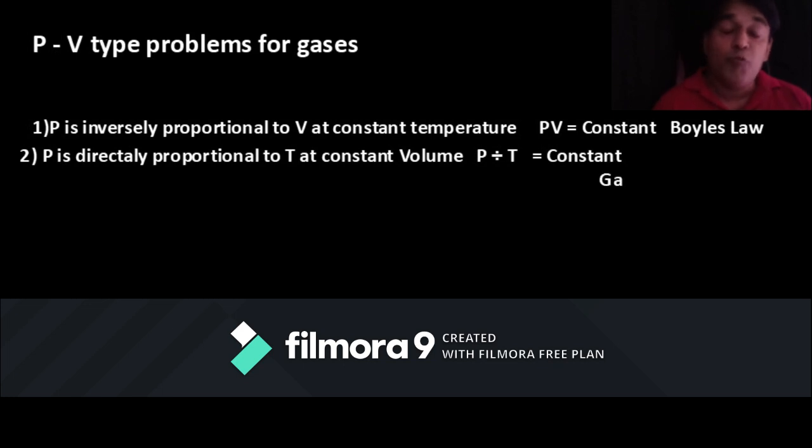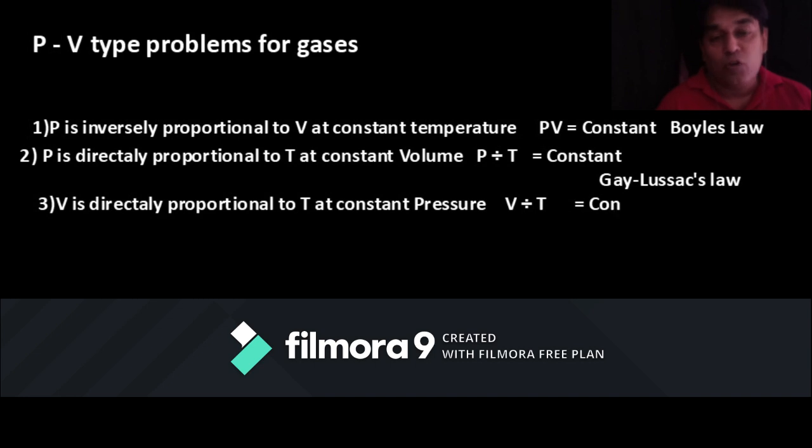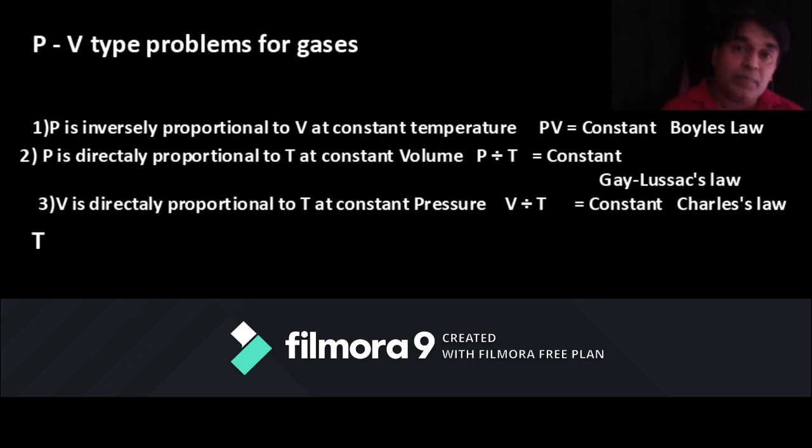Second, pressure is directly proportional to temperature at constant volume. Therefore, P upon T equals a constant, and that is called Gay-Lussac's law. The third one: volume is directly proportional to temperature at constant pressure. Therefore, V upon T equals a constant. It is Charles's law.